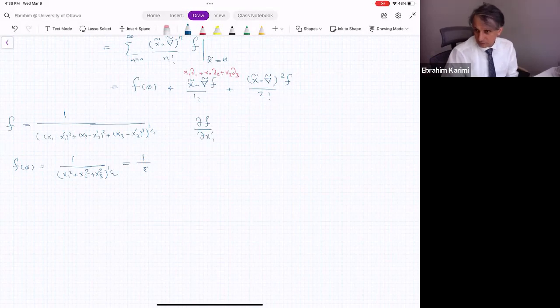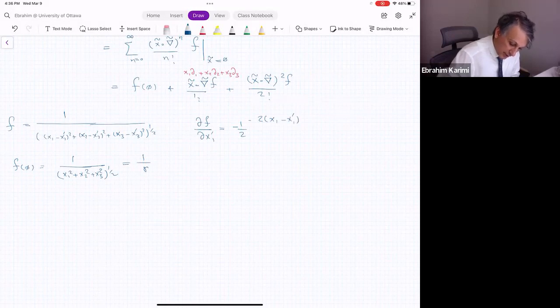If you take the derivative, it will be minus 1/2, then 2 times (x1 minus x prime 1), and there is a minus sign because I'm taking the derivative with respect to x prime, divided by whatever I have in the denominator to the power of 3 divided by 2.